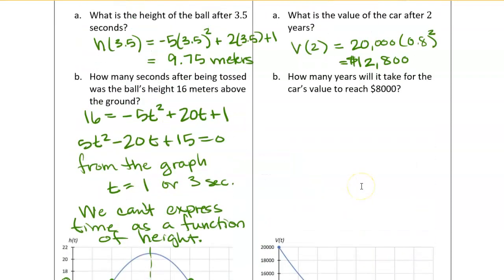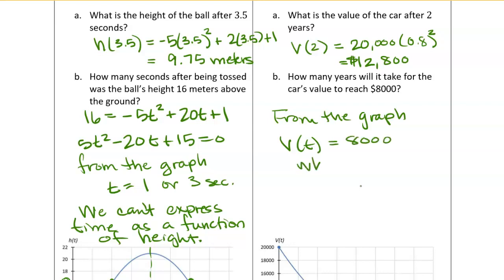Just using the graph, it looks like v of t equals 8,000 when t is approximately 4.1, and our t is in years.